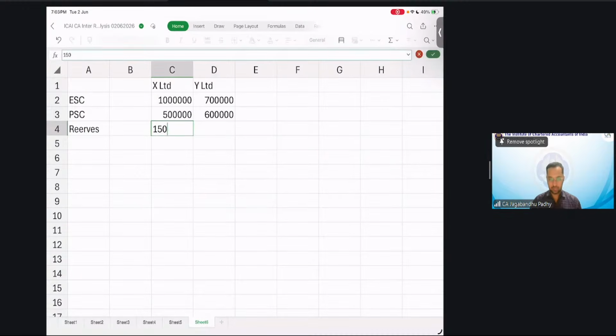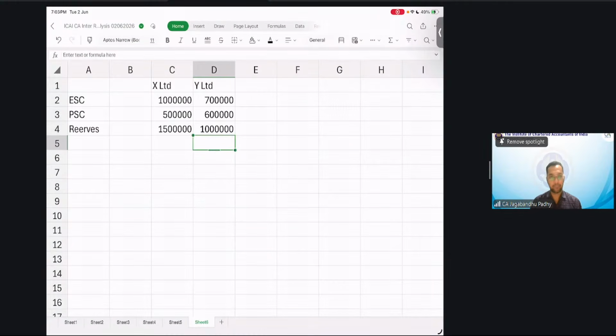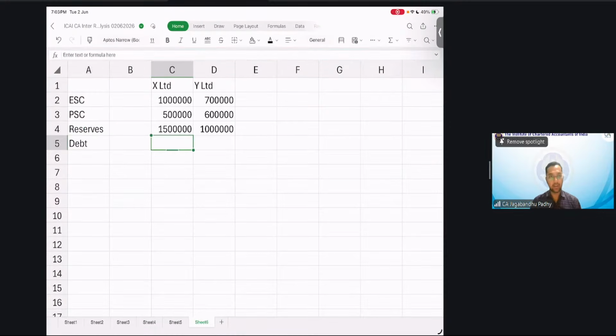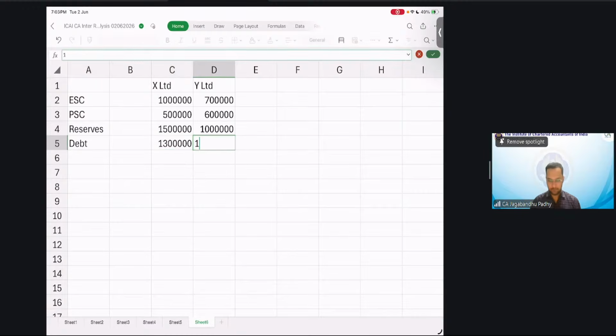Reserves is 15 lakh and 10 lakh. Debt is 13 lakh and 20 lakh.